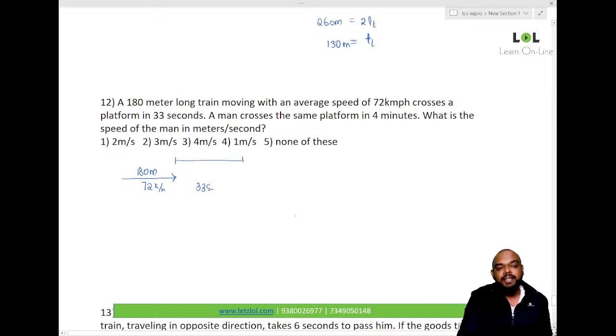A man can cross the same platform in 4 minutes. What is the speed of the man? So we need the speed of the man. Let us consider the speed of the man as SM.